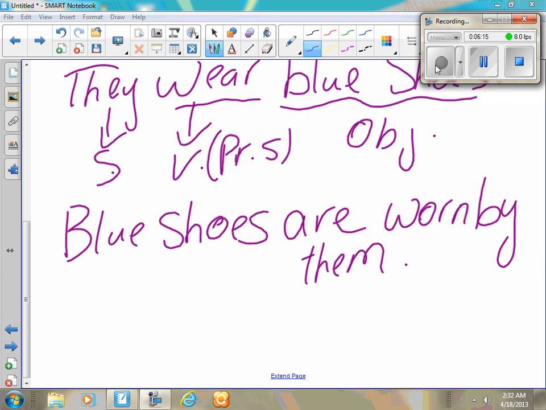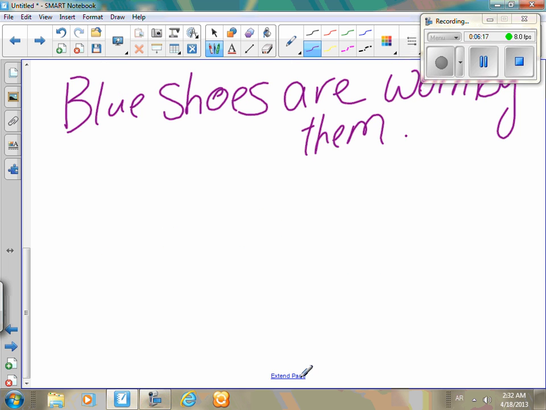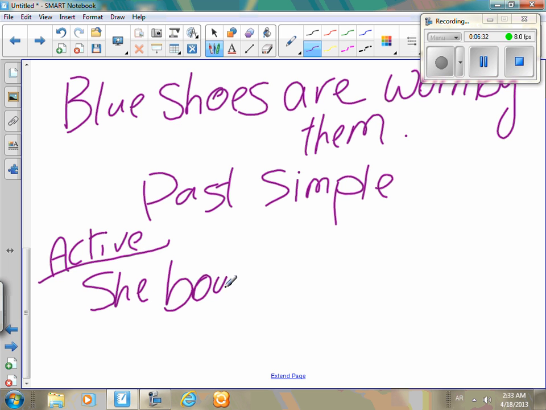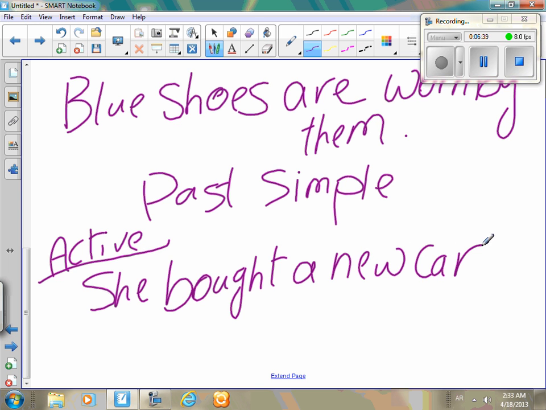She bought a new car. Now we are dealing with the past simple of the active sentences. Active sentence: she bought a new car. Where is the subject and verb and object?